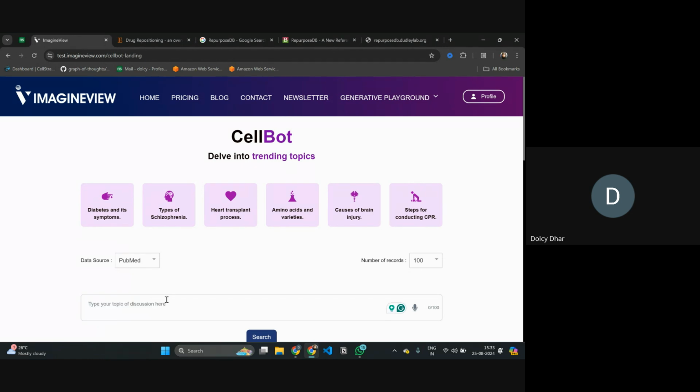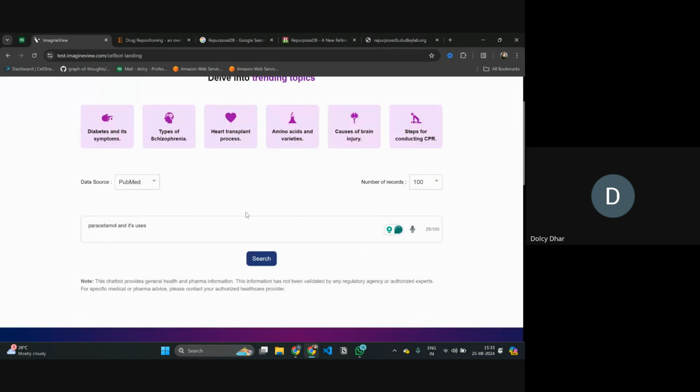I guess the entire conversation today was about drug repurposing. So we can very quickly write the name of a drug, paracetamol, and its uses, and send it. This tool goes to PubMed or arXiv, depending on which data source you have selected. PubMed is one of the largest biomedical literature databases, which holds peer reviewed research.